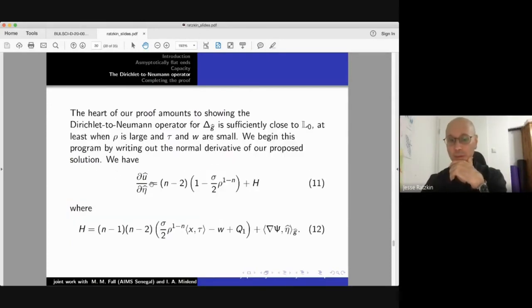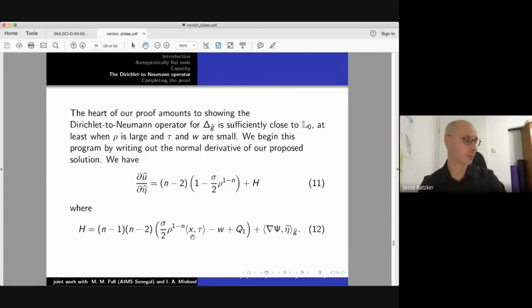So if I compute the normal derivative, I find my leading order term first. I'm going to get this n minus 2, which is what I expect, and then I get this term, which comes from the leading order term in the metric. And the remaining terms, let's look at them.